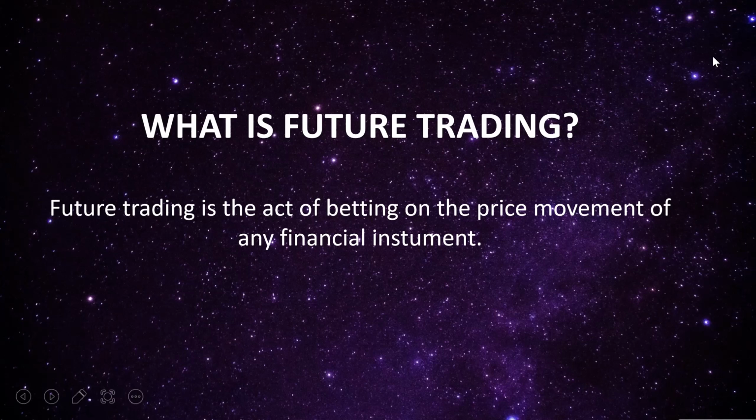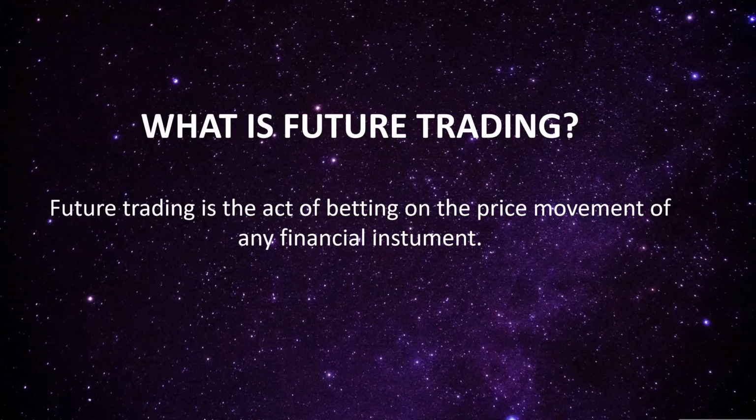All right, so now futures trading is the act of betting on the price movement of any financial instrument. As simple as that. In our last class, we spoke about spot trading where you have to buy it and keep it in your wallet, right? But in futures, you don't buy anything. You just bet on price movement.